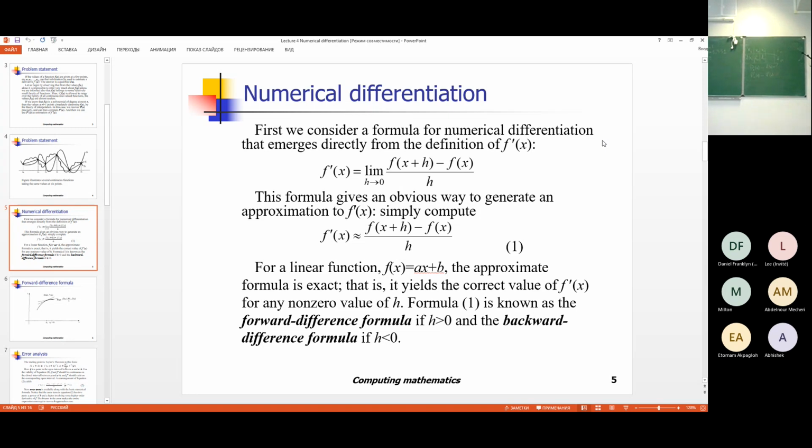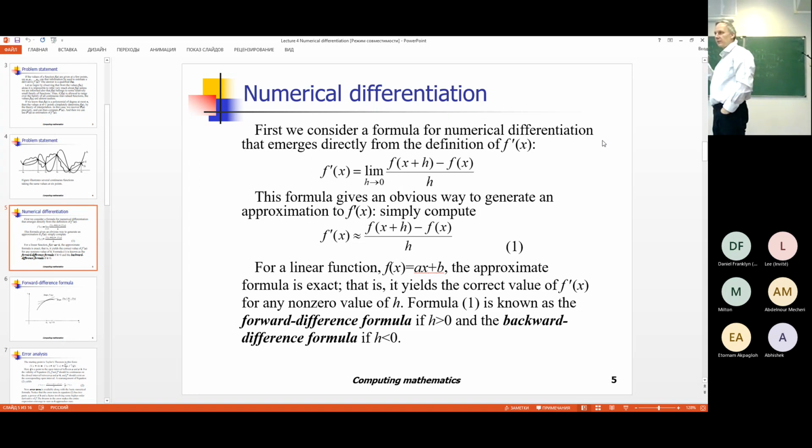It can be computed even without a calculator. This minus this over this. It's very simple. 3.31. Right?